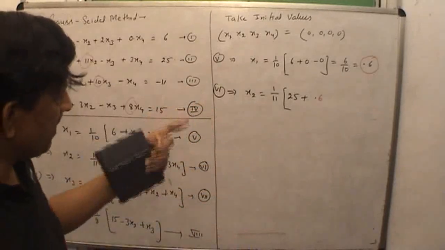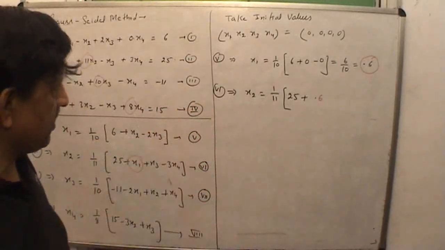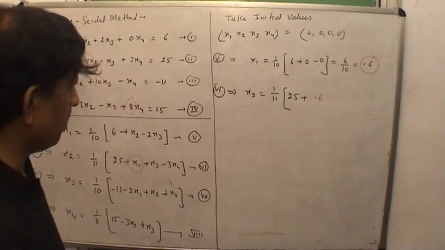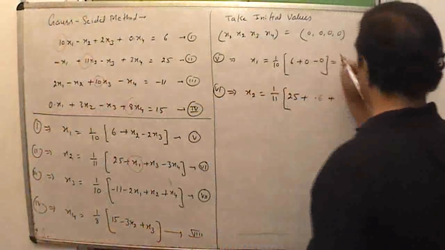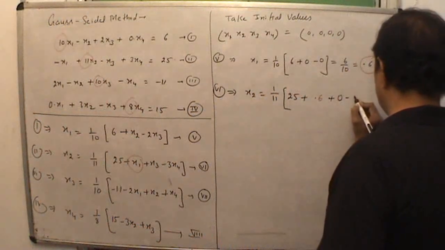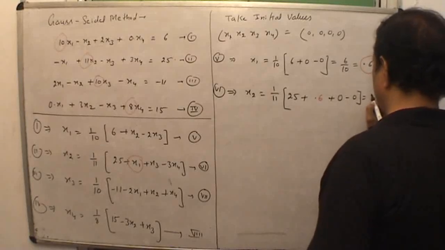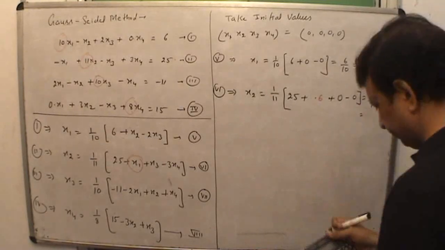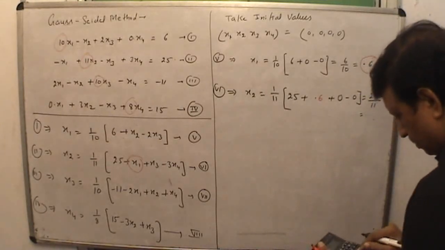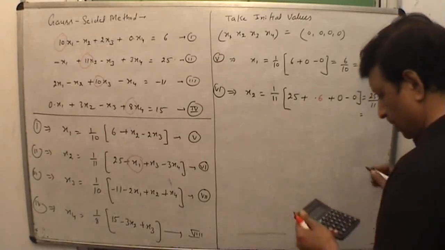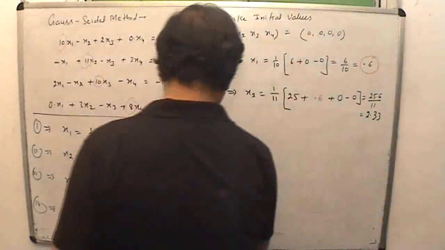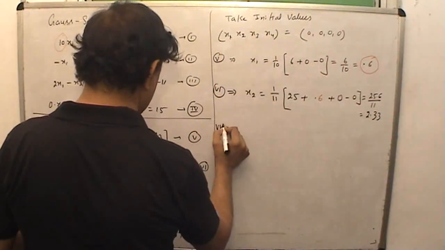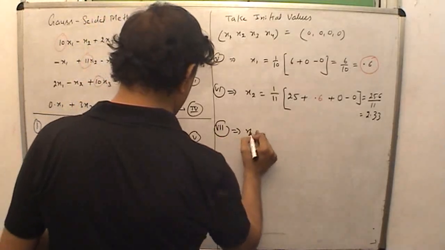That is why this method is more accurate and faster than the Gauss-Jacobi method. So here we have considered x1 is 0.6 plus x3 0 minus x4, that is 0, that is equal to 25.6 divided by 11, that is equal to 2.33, rounded off.